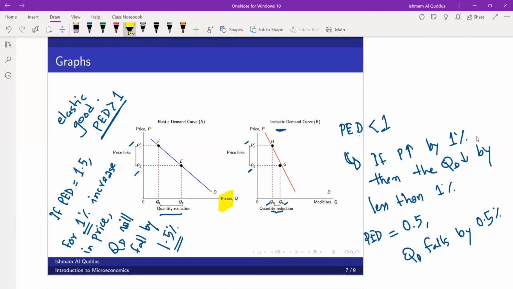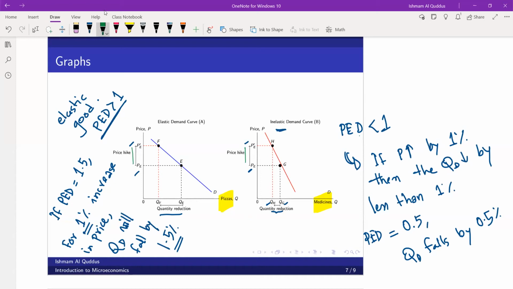So pizzas, it is reasonable to assume that pizzas are elastic goods, whereas we can say that medicines have sort of an inelastic demand curve, because just imagine the change here is the same, right? But you can ask yourself whether people would respond to the changes in the same way.